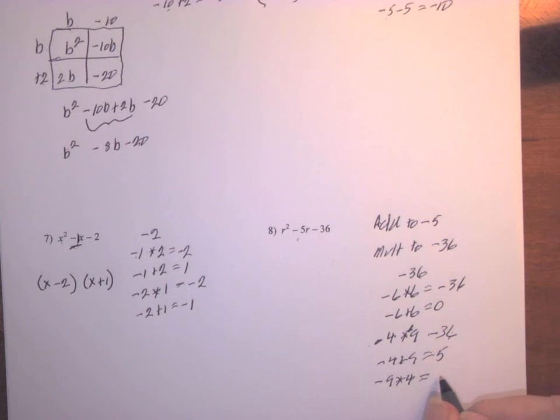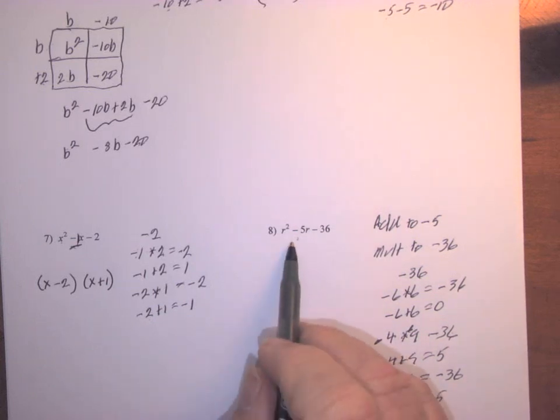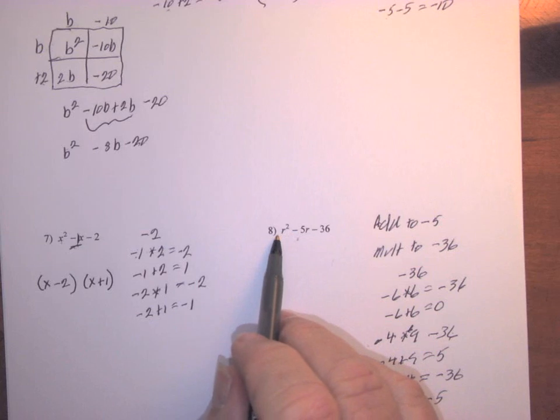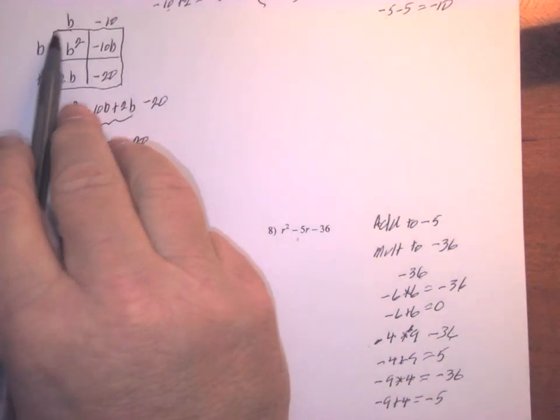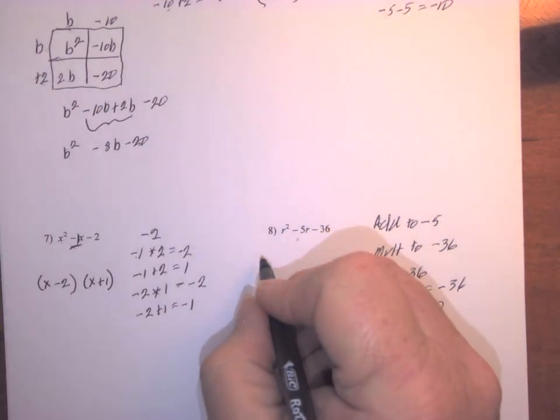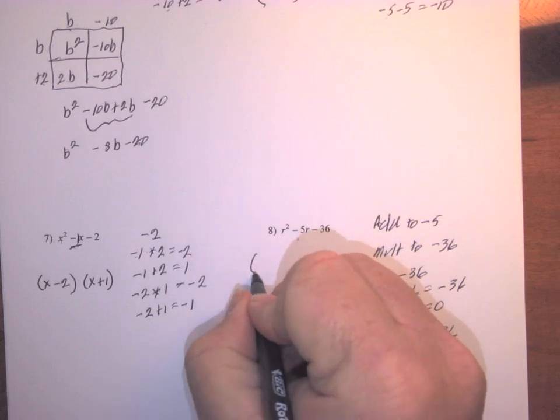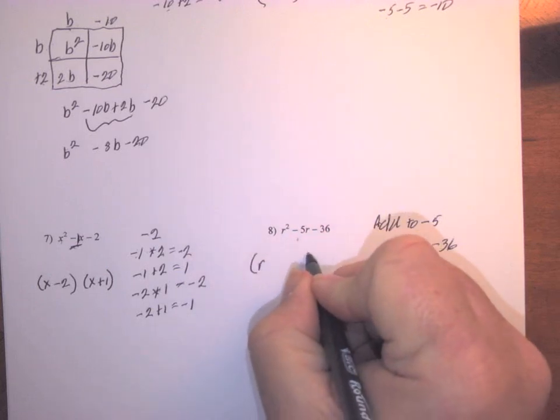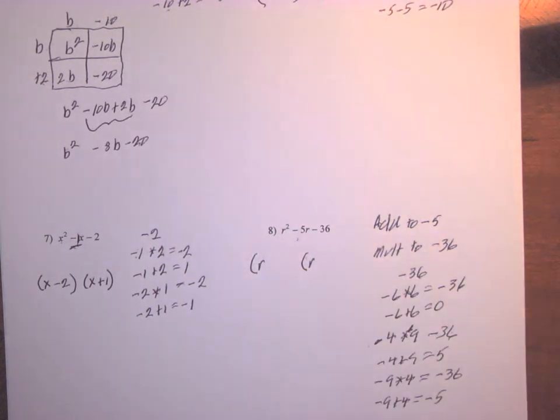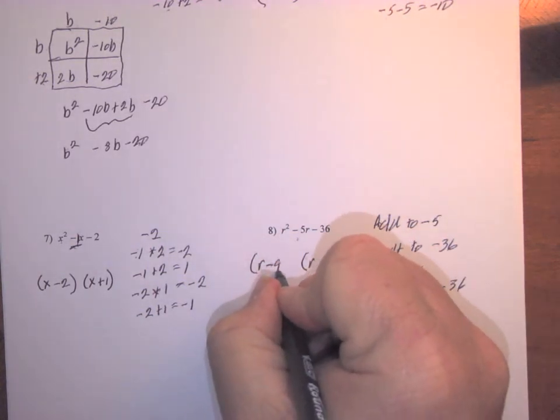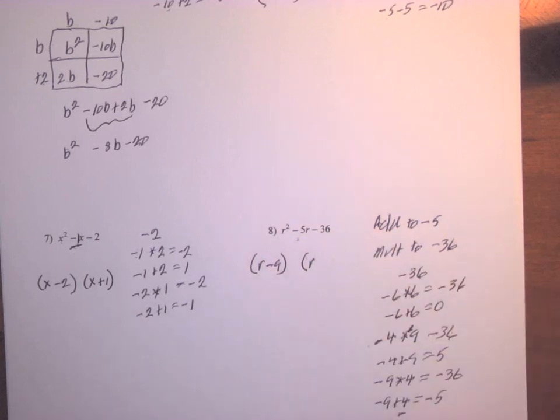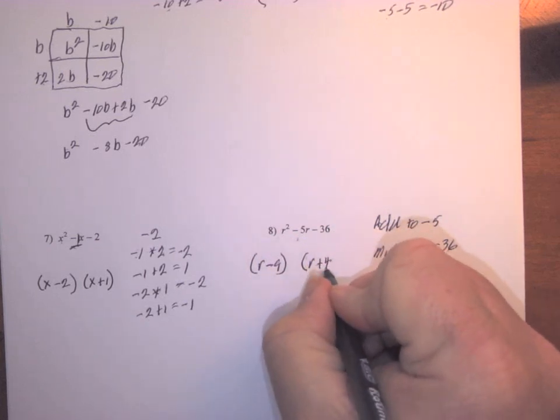That's still equal to negative 36. And minus 9 plus 4 is equal to minus 5, which is what we've got here. So remember, if we put our pieces together, we've got an r on both of them. And one of them's got to be minus 9, and the other one's got to be plus 4.